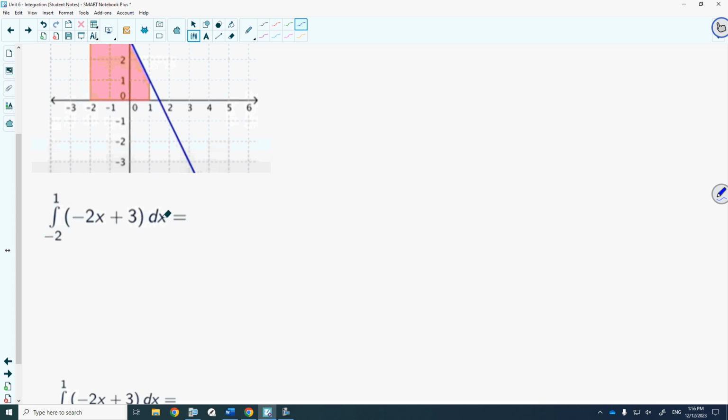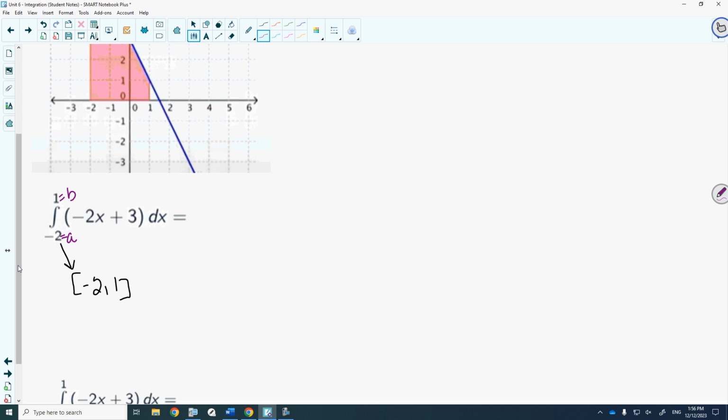We're integrating with respect to dx. So it's the area under the curve. The curve is y equals -2x plus 3 on the interval from -2 to 1. This will be our a, and this is going to be our b.